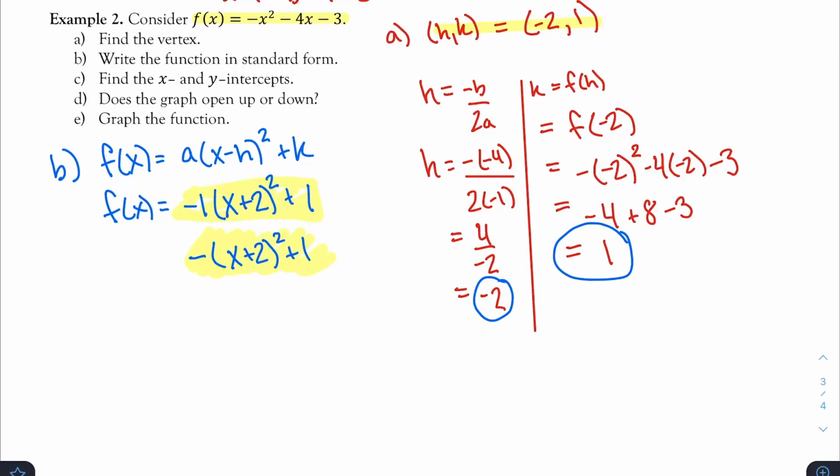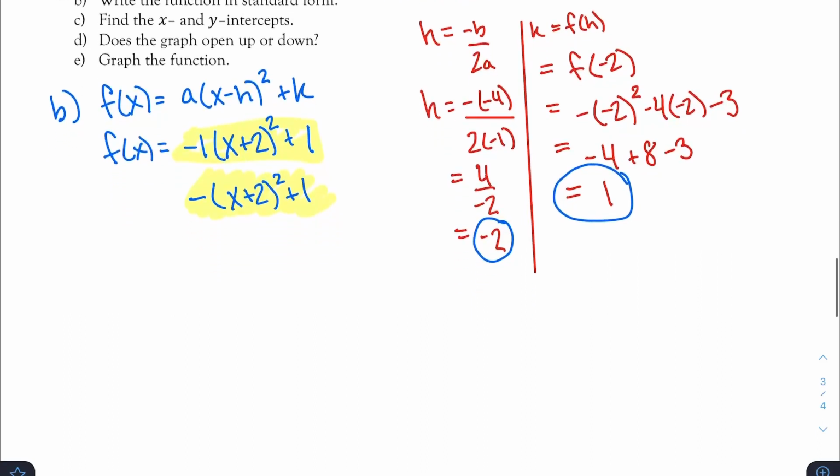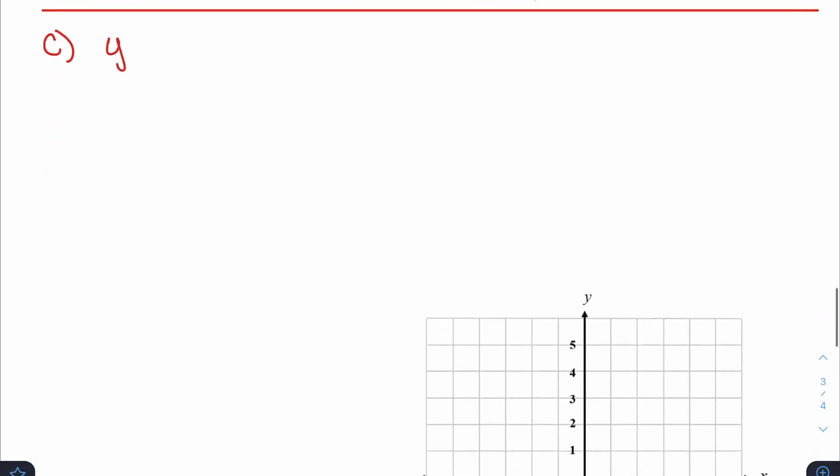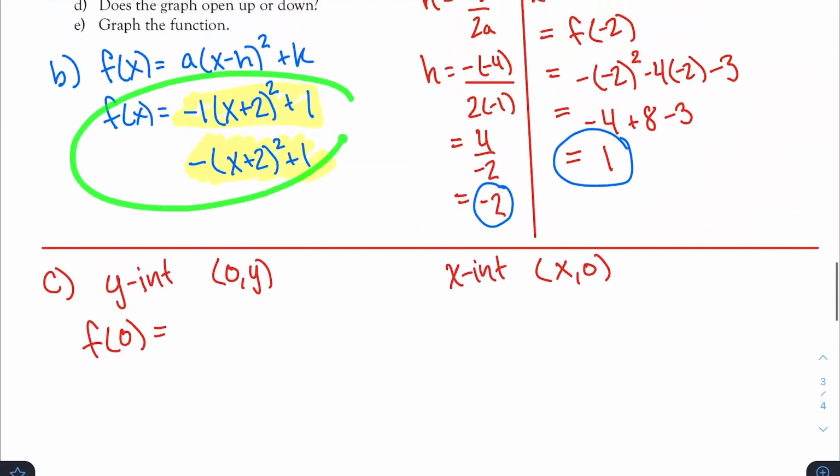Continuing forth, I can go ahead and find my x and y intercepts. For my y-intercept, I like doing the y-intercept first personally. Remember, that's the point 0, y, whereas my x-intercept is the point x, 0. So for my y-intercept, this just means I plug 0 into my function. Remember, I'm changing x out for a 0.